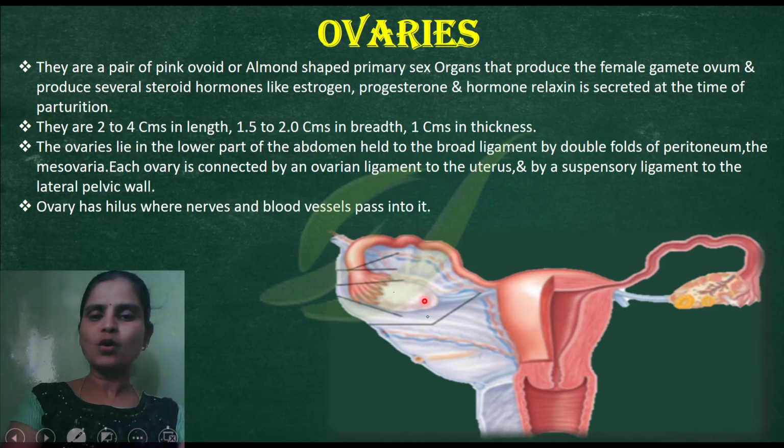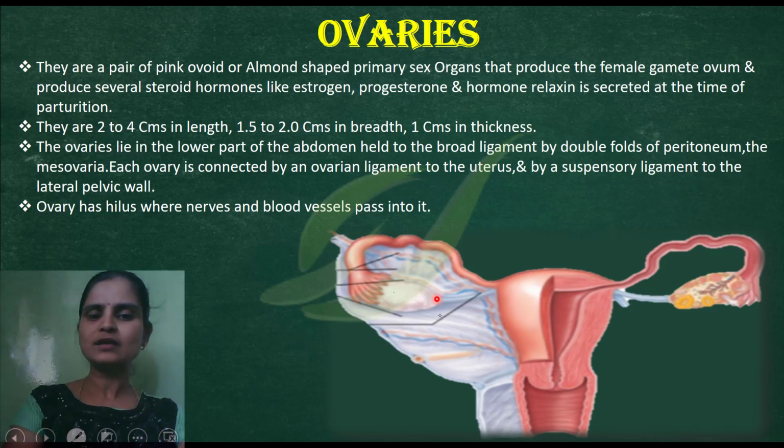The length of the ovary is 2 to 4 centimeters, the breadth is 1.5 to 2 centimeters and the thickness is 1 centimeter.